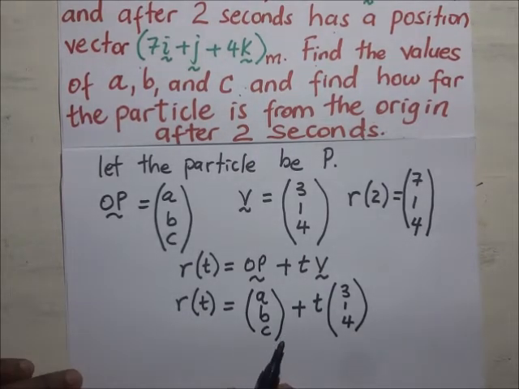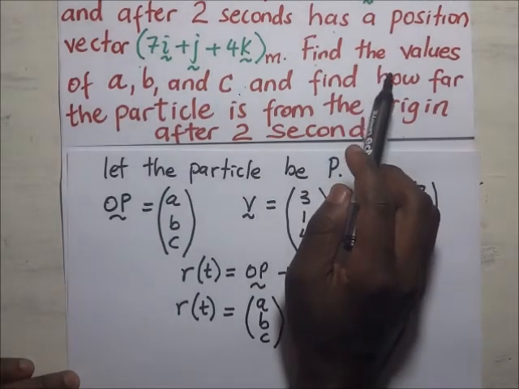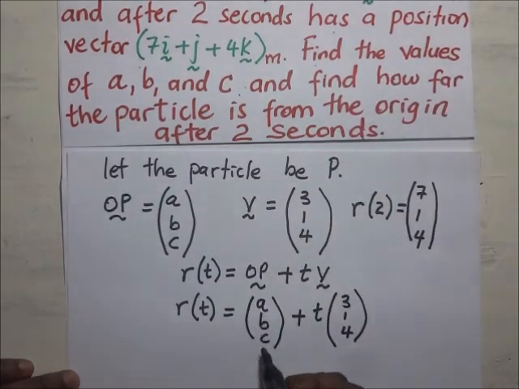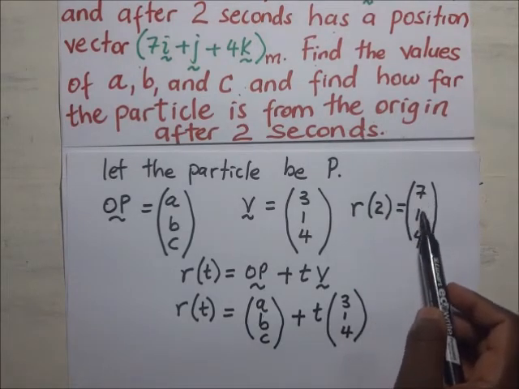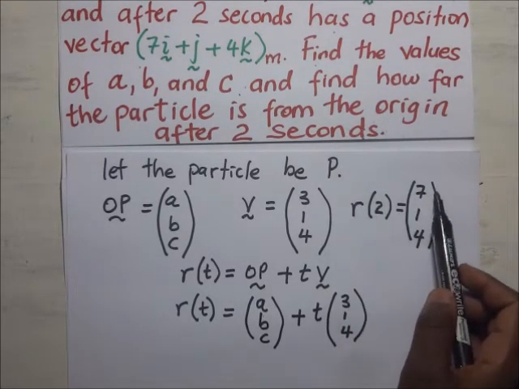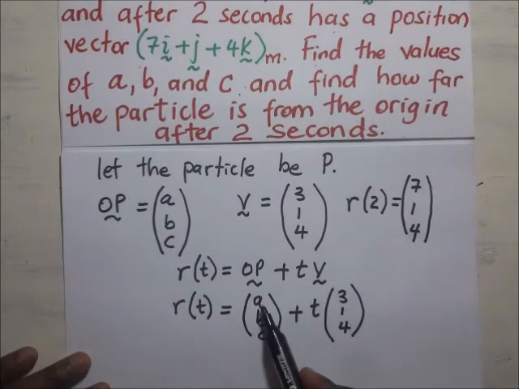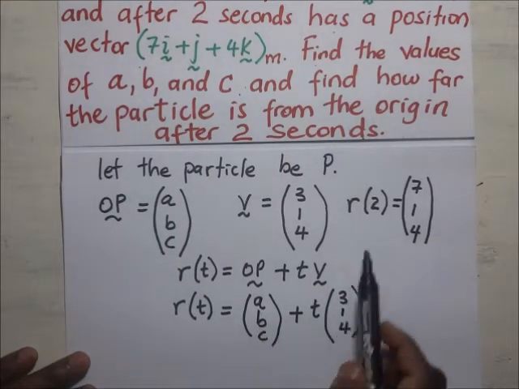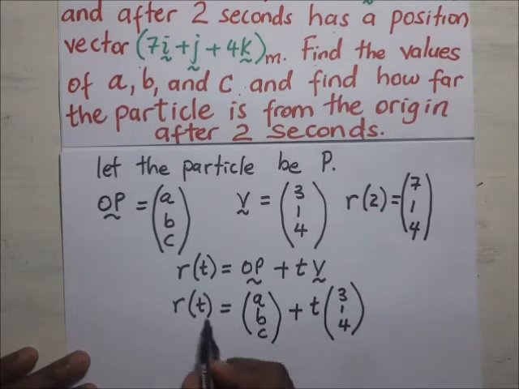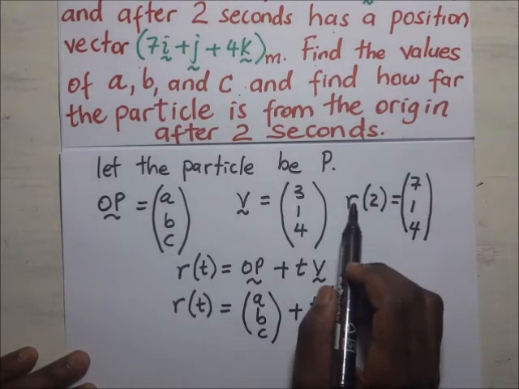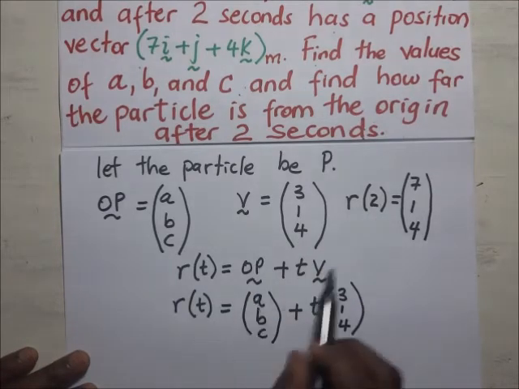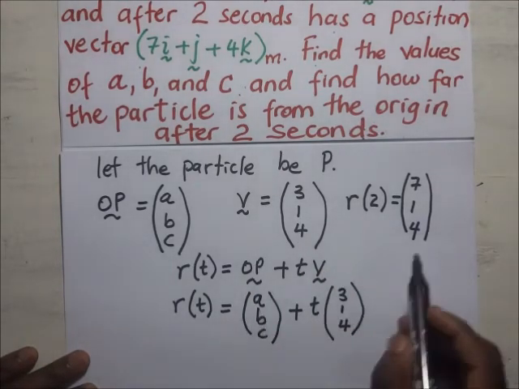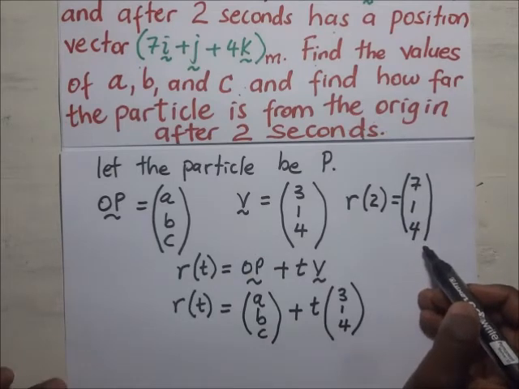But now the question wants us to find the values of A, B, C. Since we have that the position vector after 2 seconds is 7, 1, 4, we are going to take advantage of this information to help us find the values of A, B, and C. So r of 2 means that when the value of t is 2, this whole expression will be equal to 7, 1, 4.